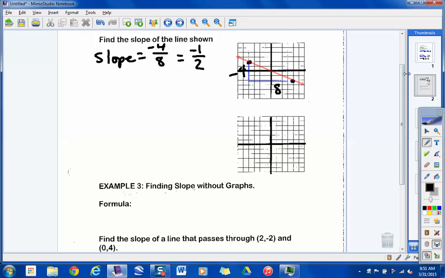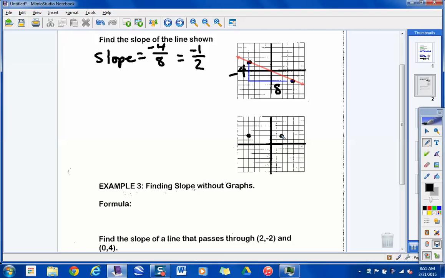Okay, I've got a good one for you. How about this? Here are your 2 points. Let's go left 4 and up 2. And let's go right 2 and up 2 and plot those 2 points. I like this one.